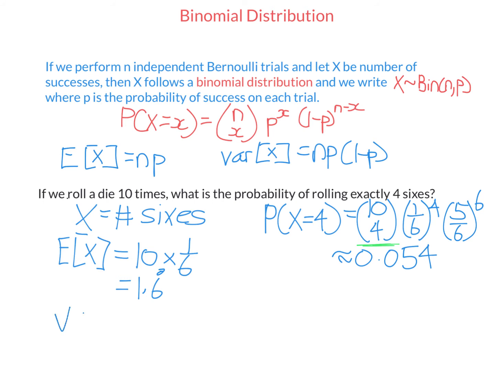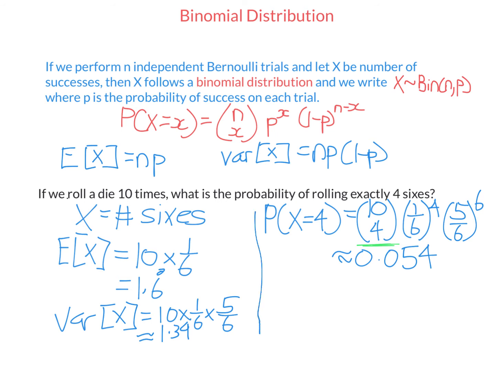So the variance of X in this case would be n times p times 1 minus p. And so we get about 1.39, and if I wanted to find the standard deviation of X, I would just square root that. Now, I just want to point out that this number here can actually be calculated on your calculator.